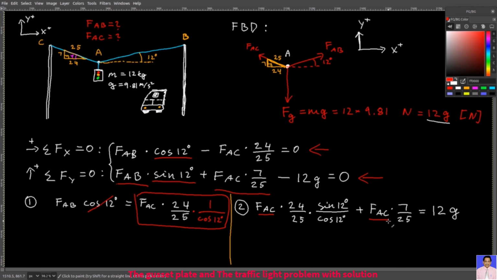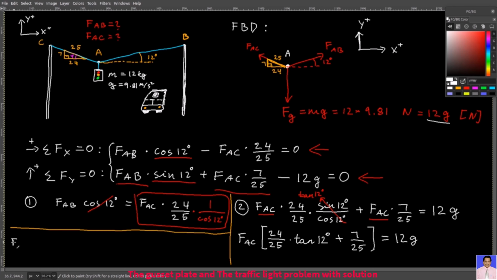Now I only have FAC here. Also, this thing here, it's tangent 12 degrees, and so I can factor out FAC, and all that equals 12g, and so here I will write FAC equals 12g over, and then all this, and that will give me 243 newtons.